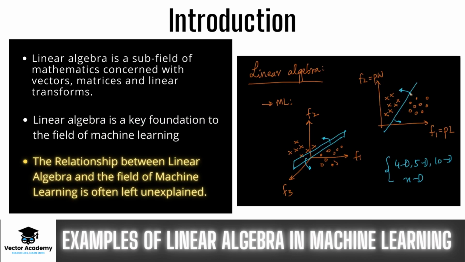Although linear algebra is integral to the field of machine learning, the tight relationship is often left unexplained or explained using abstract concepts such as vector spaces or specific matrix operations. Here, you will discover 10 common examples of machine learning that you may be familiar with that require and are really best understood using linear algebra.